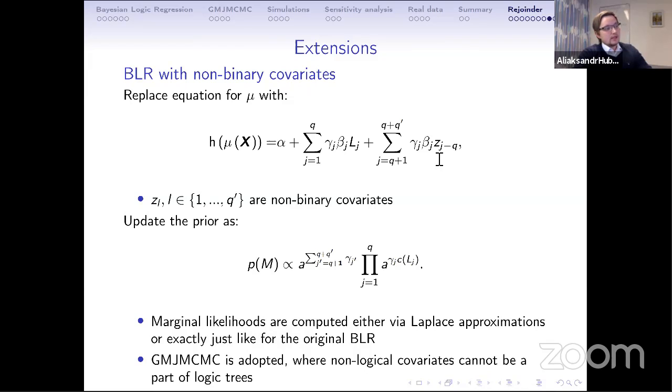We can rely on exactly the same theory for calculating the marginal likelihood for this case, and also easily adopt the GMJ-MCMC algorithm where the non-logical covariates simply cannot be part of logical trees. This approach is implemented, and we have shown the results of inference using this approach in the tutorial section of the rejoinder, where we got perfect recovery of the data generating process as well.